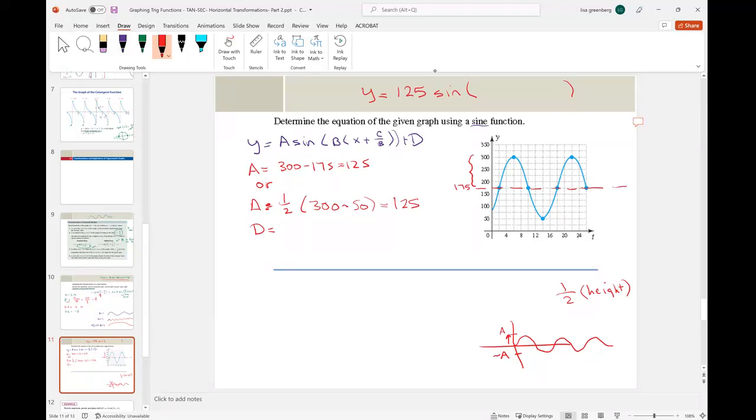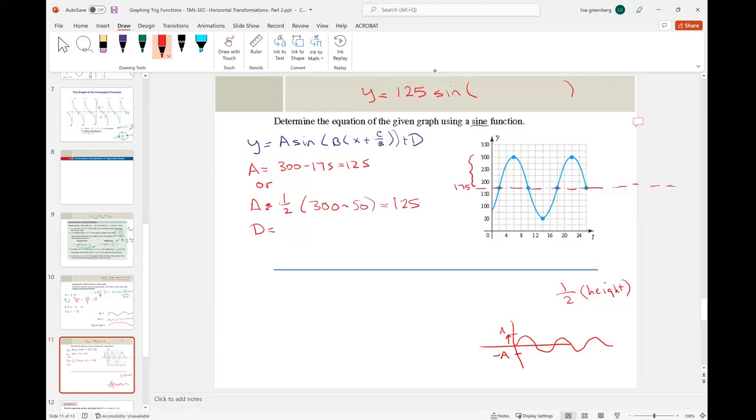What does D represent? A shift, vertically or horizontally? Vertically. So we want to know how high it's gone, right? How much it's shifted from where it normally is to where it is now. And that's actually kind of easy because remember we said the middle of the graph is this line at 175, right?